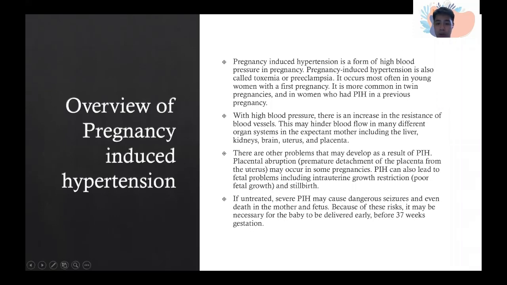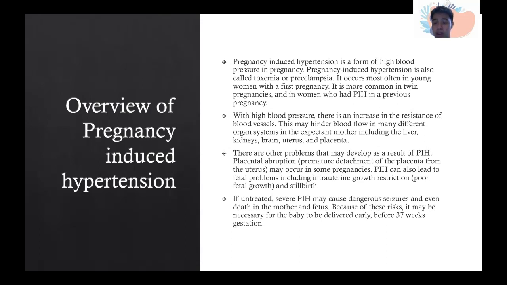Our overview of pregnancy-induced hypertension or PIH. So pregnancy-induced hypertension is a form of high blood pressure in pregnancy. Pregnancy-induced hypertension is also called toxemia or preeclampsia.